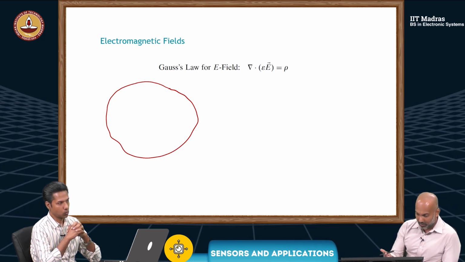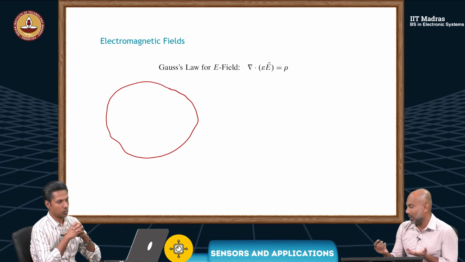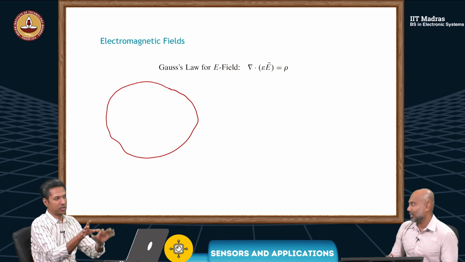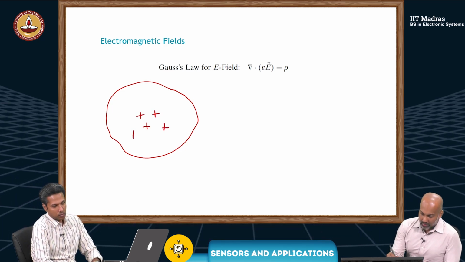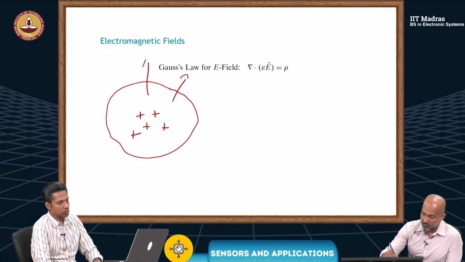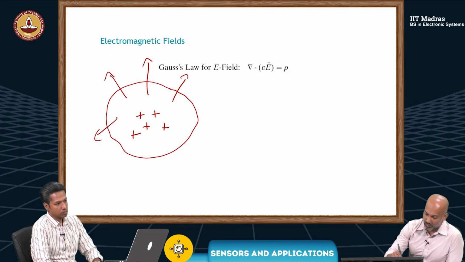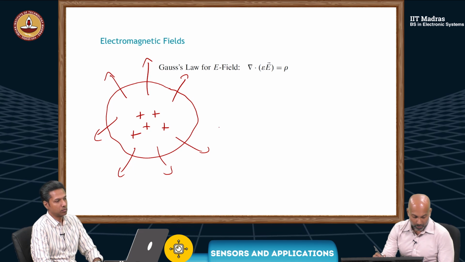Now, electric flux over this surface is how much of the fields come out of it. Let's say this has some positive charges, which means you have fields diverging out.